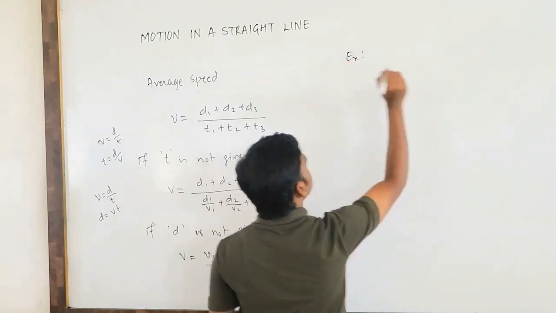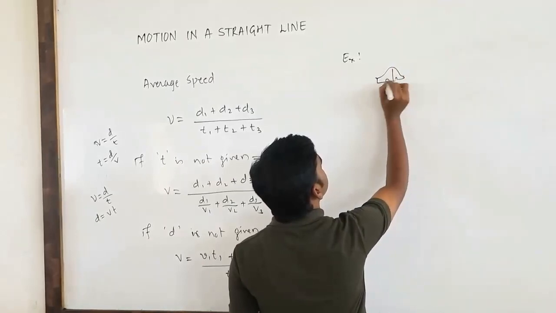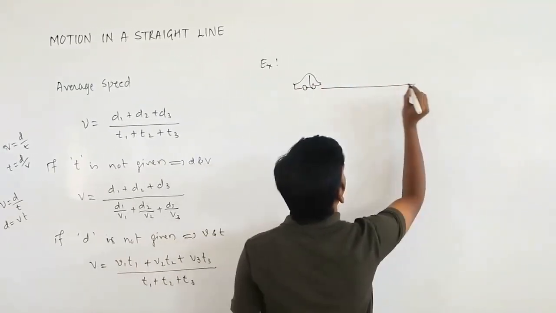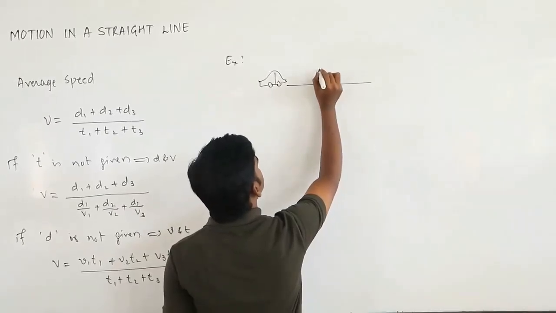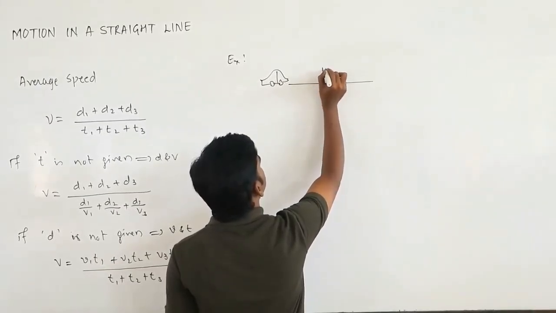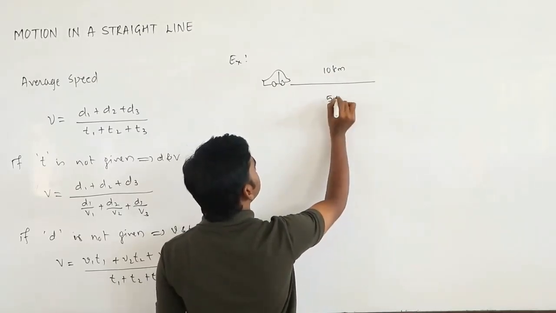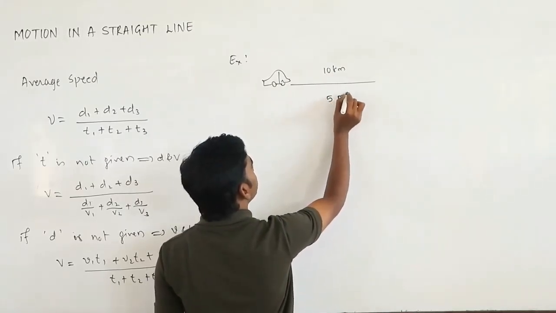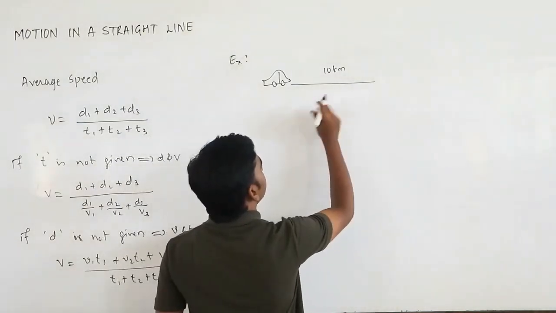So first example, suppose a car is traveling. Suppose it travels 10 kilometers in 1 hour.